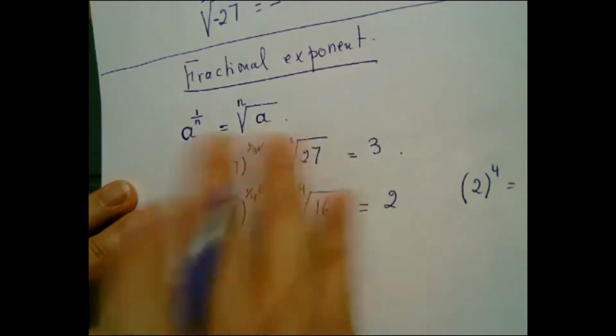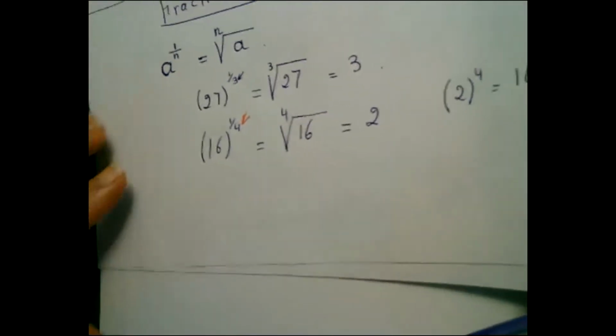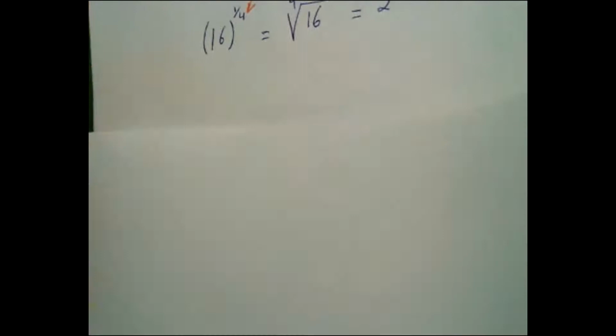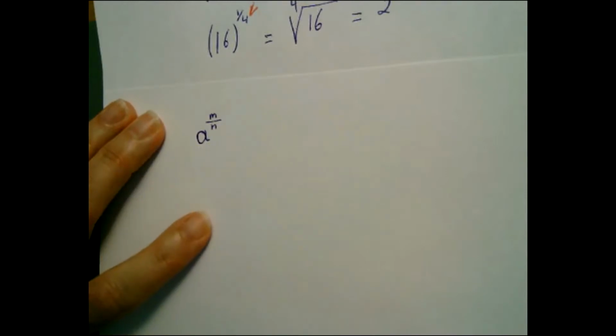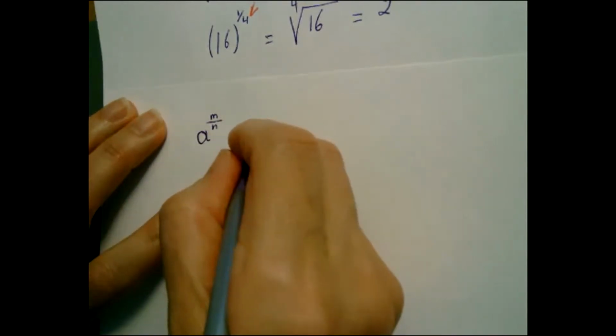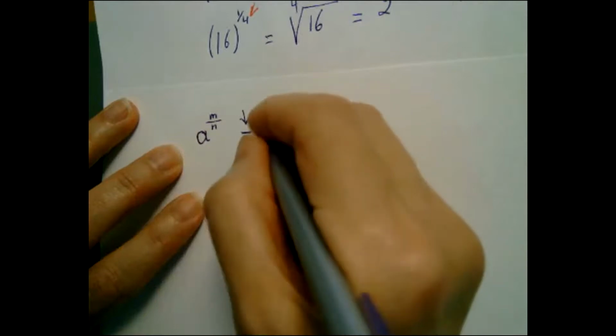Now, there is another one, still fractional exponent, which is the following. And again, we have to define it. What if you have a to the power m over n? That's the last definition for exponent. A real fraction this time, m over n. So what does this mean? n always stands for the root, the nth root of a, and m means to the power m.